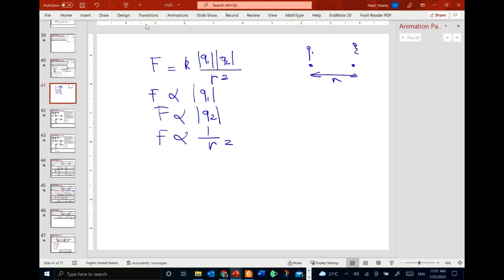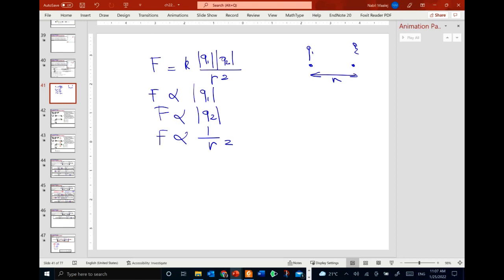Now, obviously, if you have only two charges and there are forces between them, as the charges get closer, let's assume they are attracting each other, positive and negative charge, they will move. If they move, the distance will get smaller, and when the distance gets smaller, the force gets larger. So it's not a constant force in this situation.